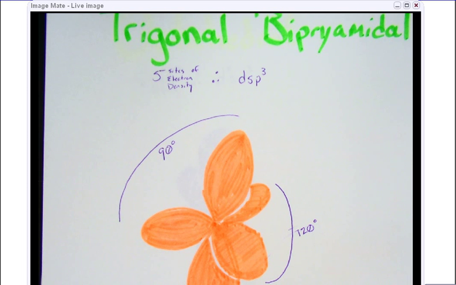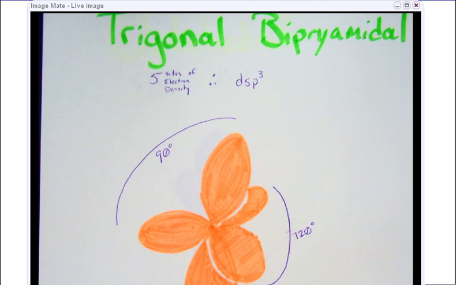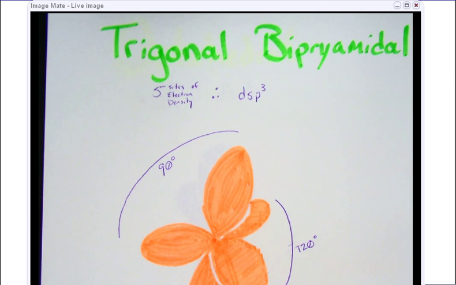If you add an expanded octet, meaning you can have 5 bonds to the central atom, you have a trigonal bipyramid. And since I have 5 sites of electron density, I'll need 5 letters for my hybridization. So we'll grab all 3 P's, the X, Y, and Z. We'll grab the S, that gives us 4.